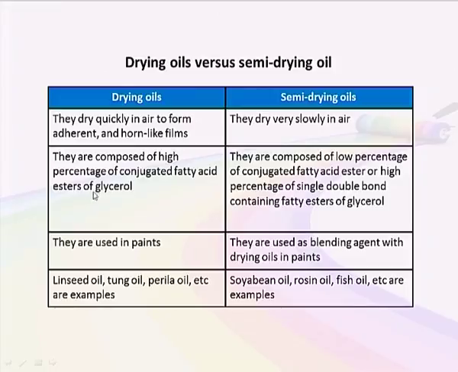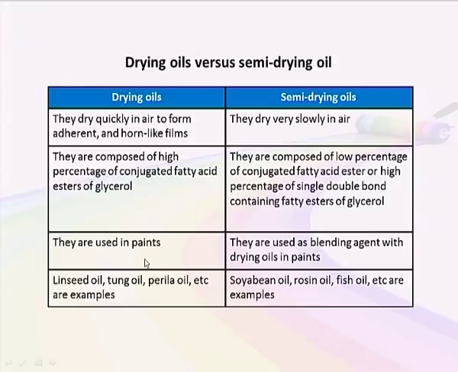Drying oils are composed of a high percentage of conjugated fatty acid esters of glycerol. Semi-drying oils are composed of a low percentage of conjugated fatty acid esters or a high percentage of single double bond containing fatty esters of glycerol.